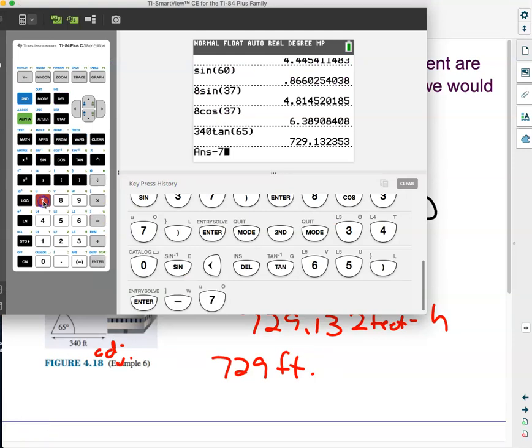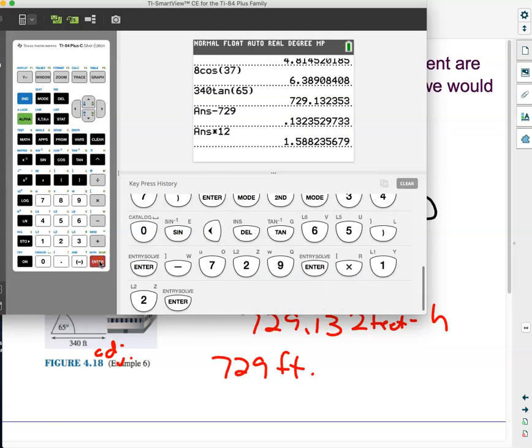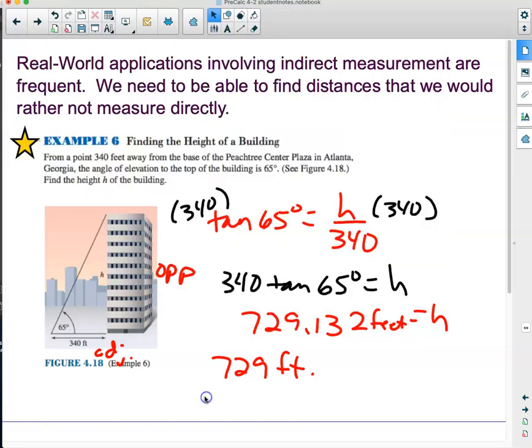So I'm going to subtract the 729. Now I have just the decimal portion, and I know that there are 12 inches in a foot, so I'm going to take that times 12. So not quite 2 inches, but with rounding, that would be a little more exact than just saying 729.132 feet. So there we are.